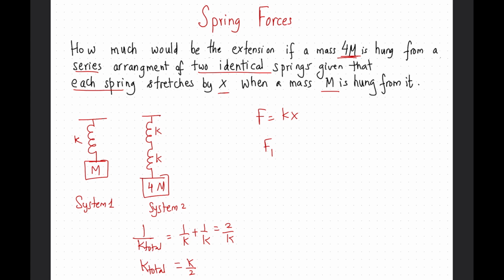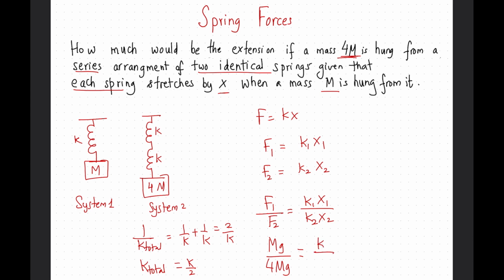So we are going to write F1 equal k1 x1, and for the second system F2 equal k2 x2. Let's just divide these two equations, F1 over F2 equal k1 x1 over k2 x2. Now F, the force, is the force of gravity. So for 1 it is m, so we can write that as mg, and for 2 it is 4m, so we can write that as 4mg, which is equal to, now k1 is k because it's just one spring, and k2 is k over 2.